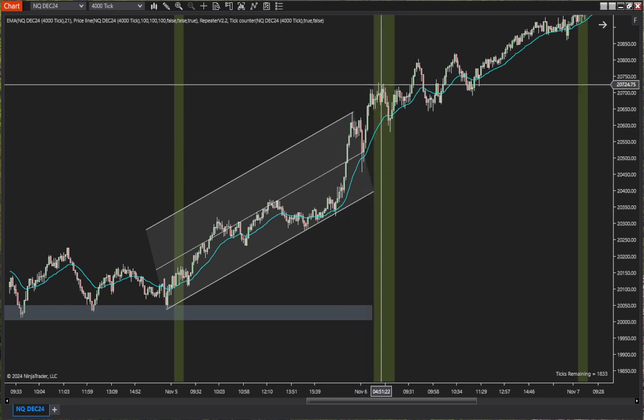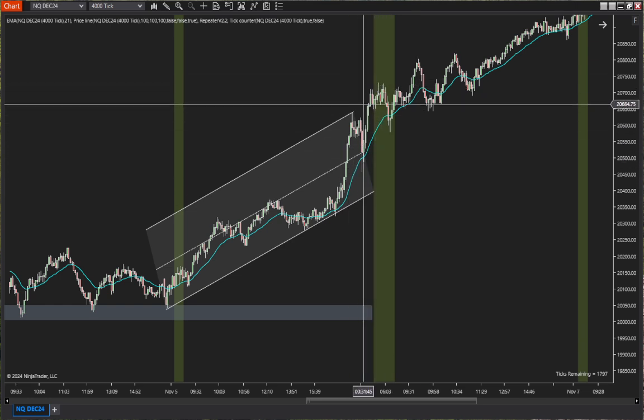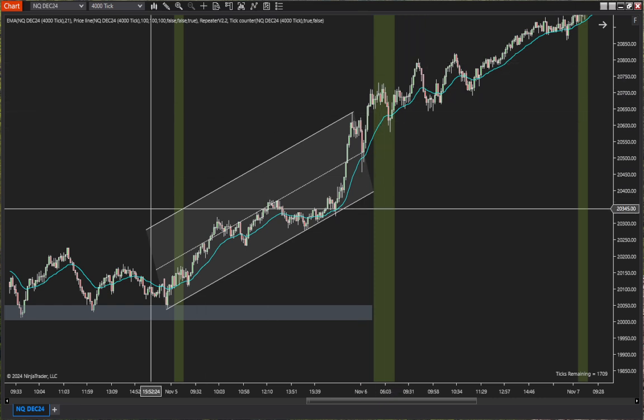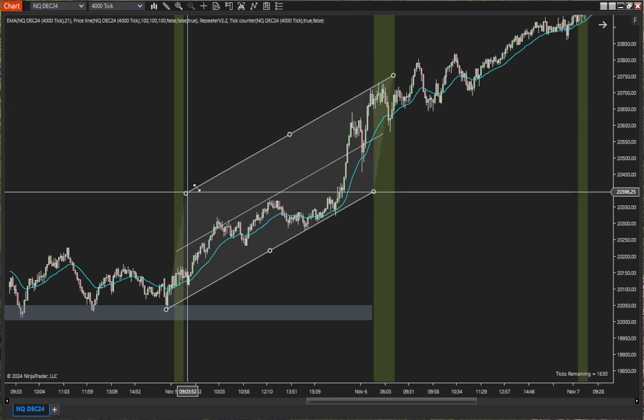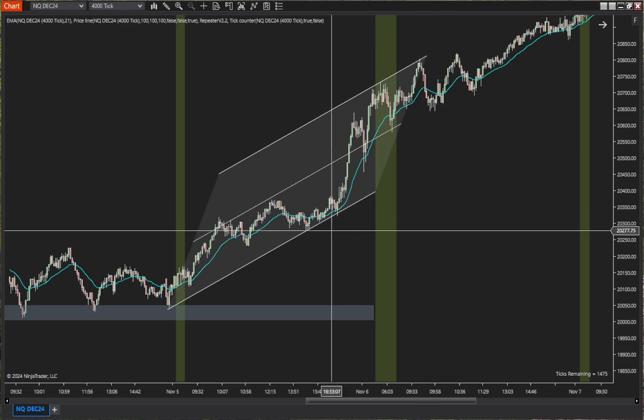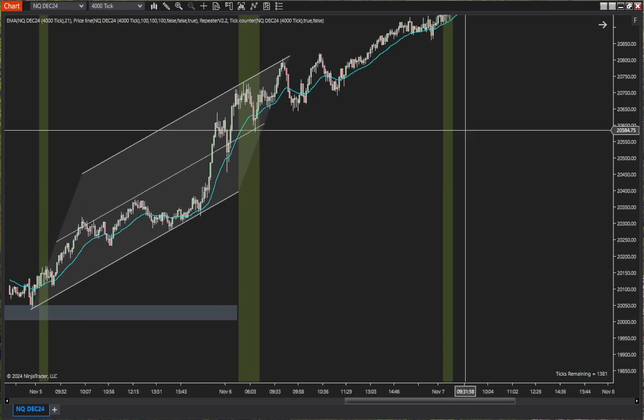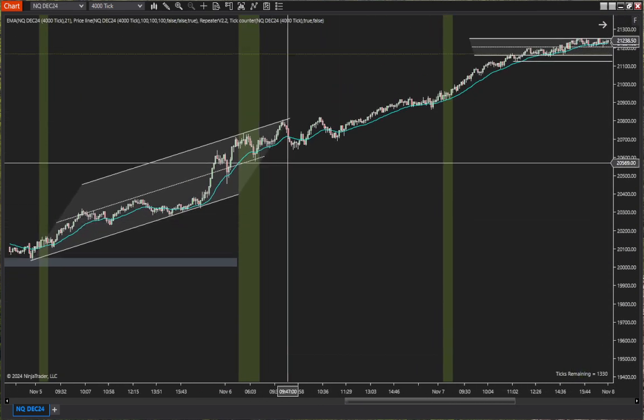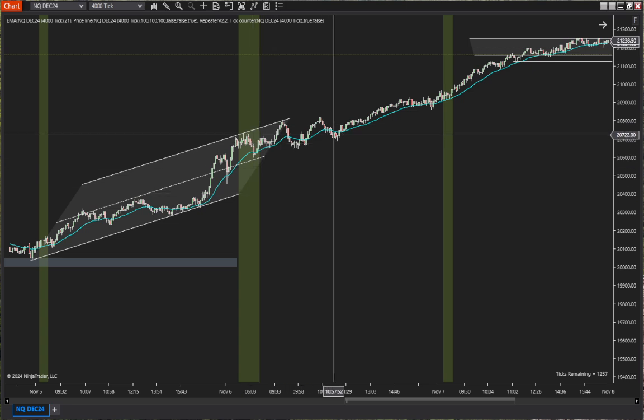Pulls back, makes a new high, okay? Pulls back, makes a new high. Just keep widening this, because you still have your lows there, right? Keeps going.